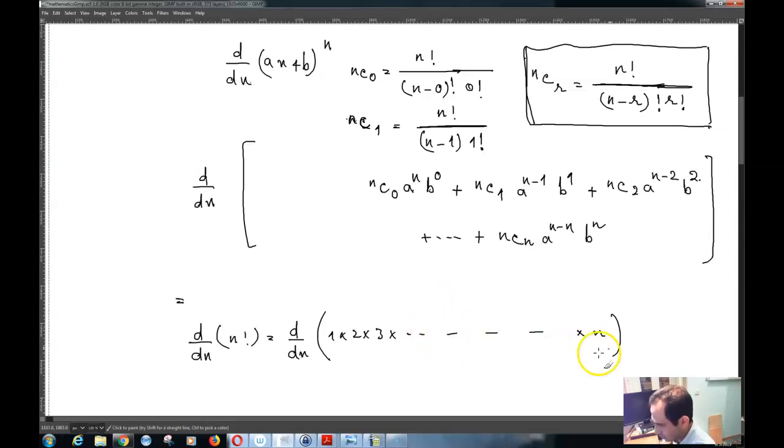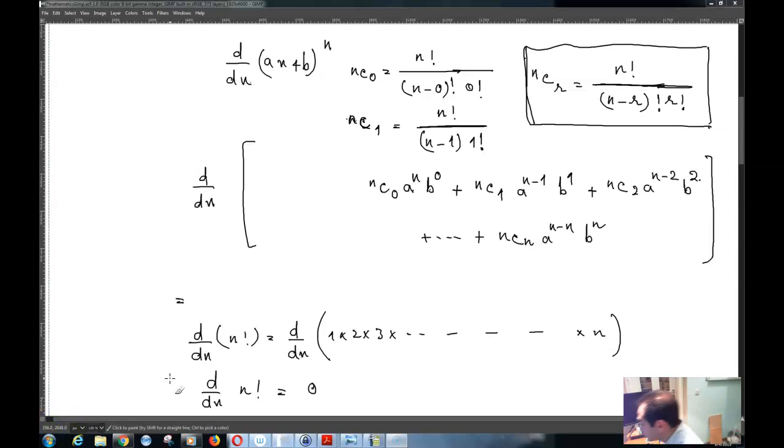Which is just a bunch of numbers multiplied together. It's a constant. So that means that d by dx of n factorial is equal to 0. Right? So if this is equal to 0, then for example, the whole thing is equal to 0. I'll just come back and we'll work through this.